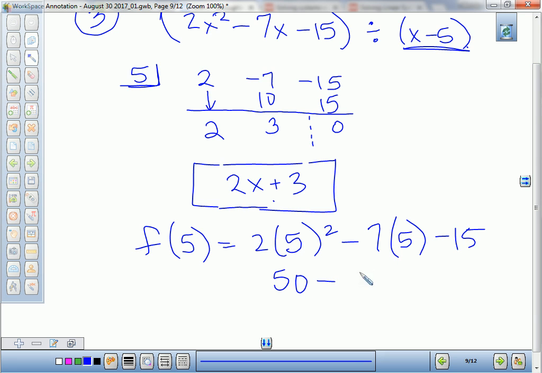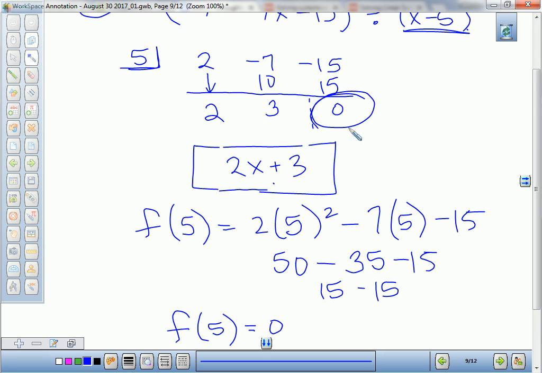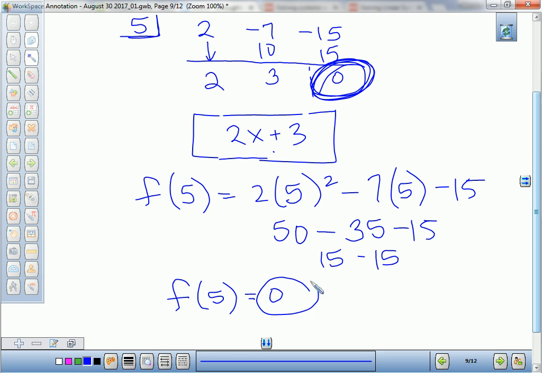And then 7 times 5 is 35. What is 50 minus 35? 15. What is 15 minus 15? 0. Okay, so not only do we get 0 here when we do synthetic division, we also get 0 when we plug this into the function.